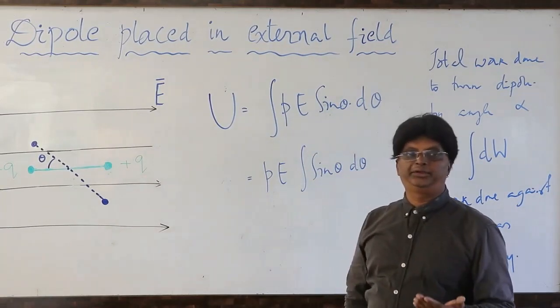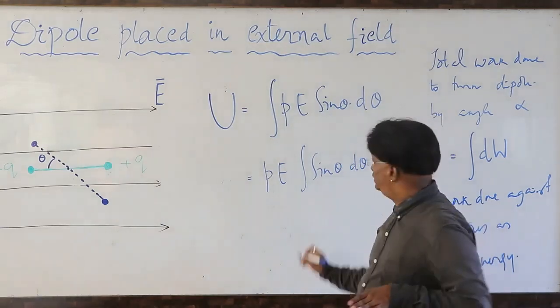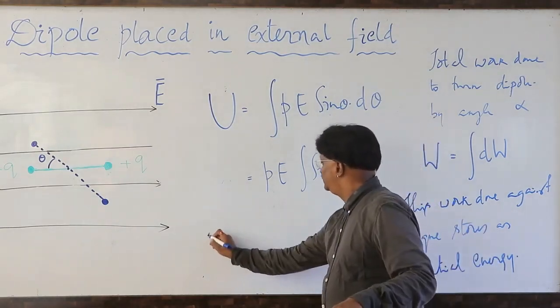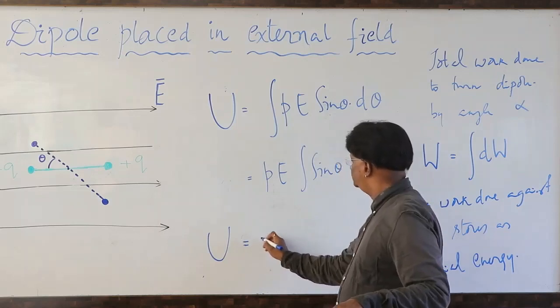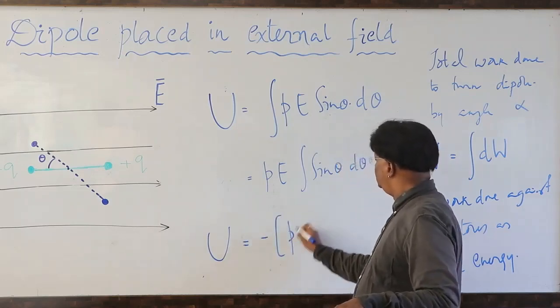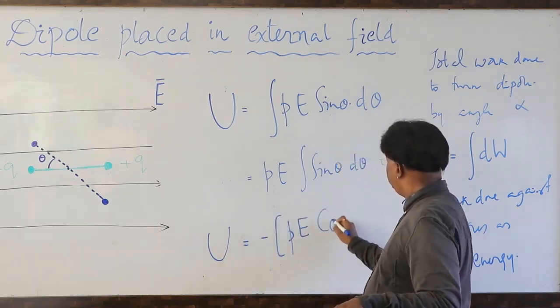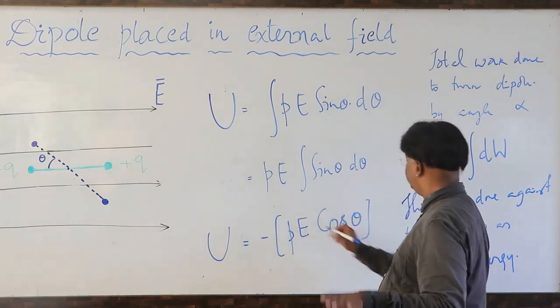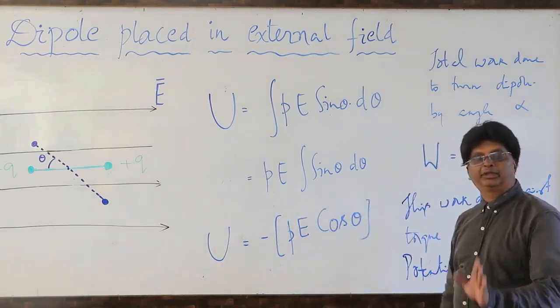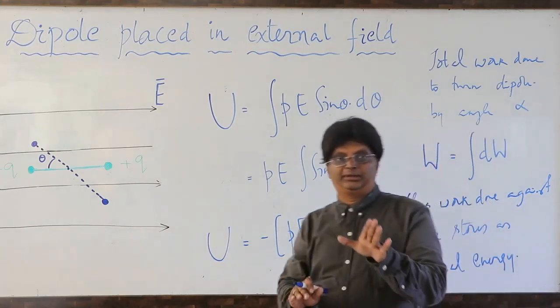Integral sin theta d theta is minus cos theta. Therefore, our final expression will give U is equal to minus P E cos theta. P E cos theta. Now give a pause for the video at this stage.